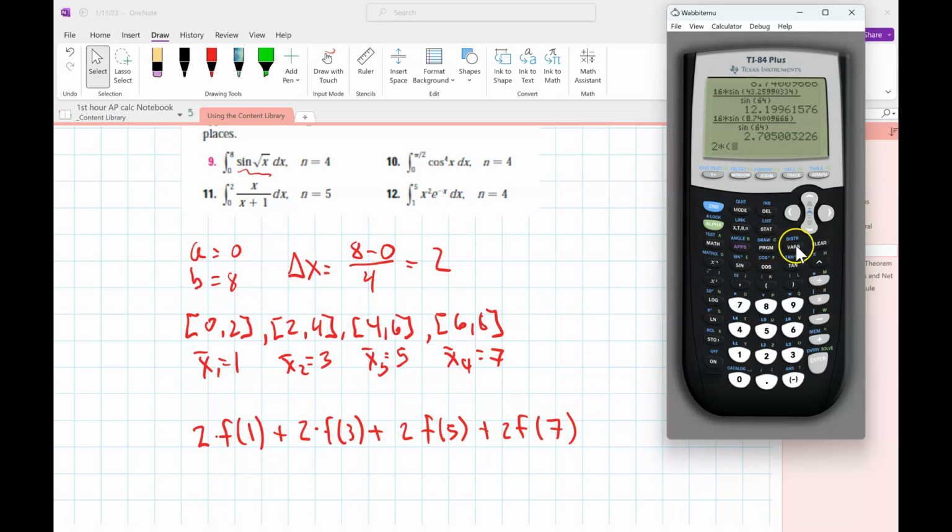Each of these are multiplied by 2, so I'm just going to do 2 times the quantity f of 1 plus f of 3 plus f of 5 plus f of 7. So I have, how many decimal places? 4 decimal places. So this is about 6.1820.